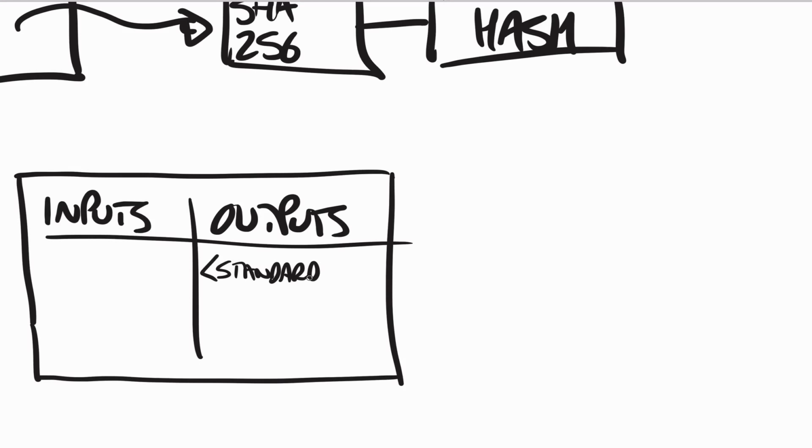So you have proofofexistence.com, who have a small charge that they collect. So that's the standard output for the fee.